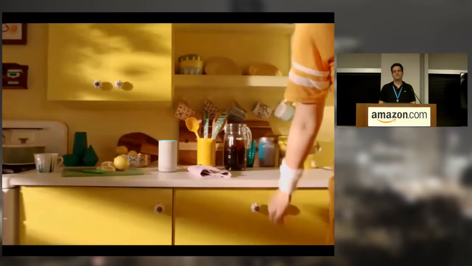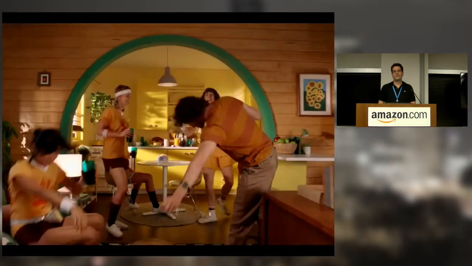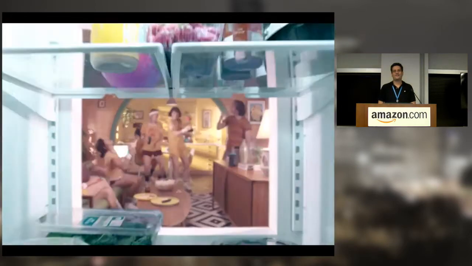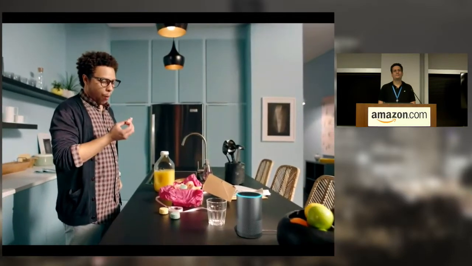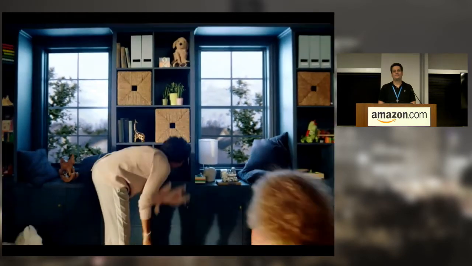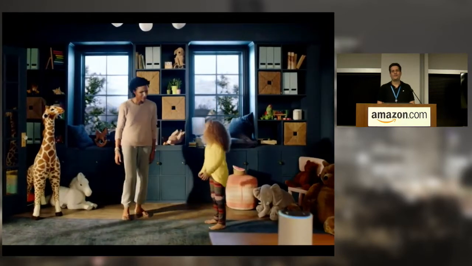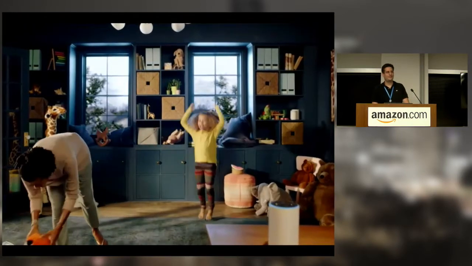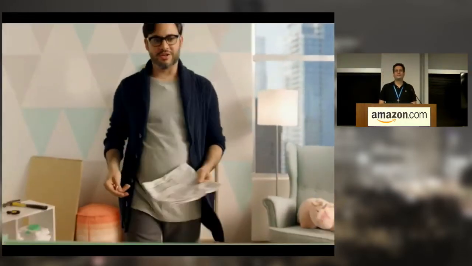Alexa, play my Sweet Victory playlist everywhere. Okay. Alexa, turn it up. Alexa, play my messages. Hey babe, please don't touch the macaroons. They're for the baby shower. Alexa, what's a macaroon? A macaroon is a type of small circular cake, typically made from ground almonds. Whoa! Alexa, remind me to sign Emily up for soccer. Okay. Alexa, drop in on the living room. Hey babe, just finished the nursery.